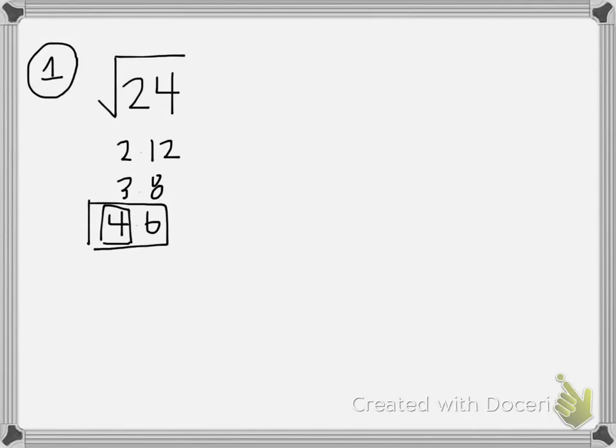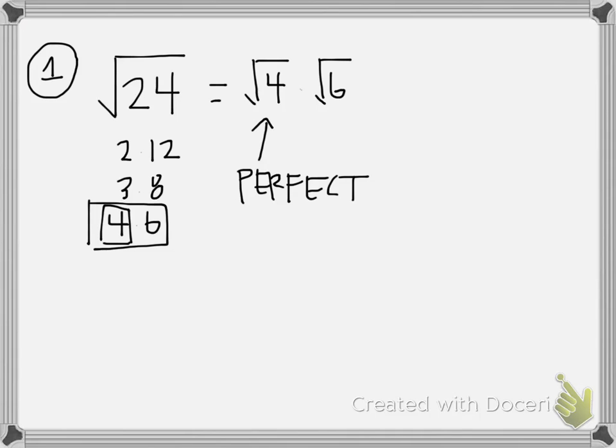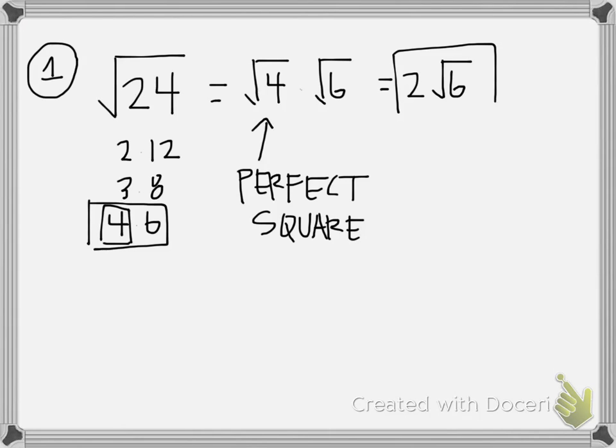Okay, so 24 can be broken up into the square root of 4 times the square root of 6. The square root of a 4 is a perfect square, right? So the square root of a 4 is a 2. So this is going to be 2 square roots of 6.